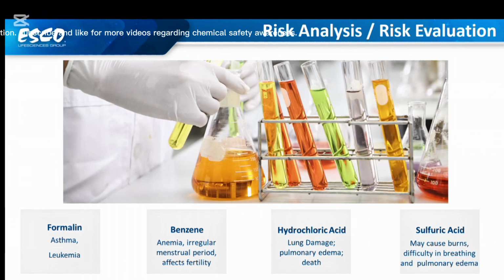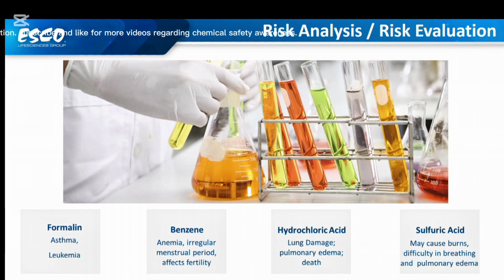So knowing that the chemicals we use are hazardous, what are some examples of the potential risks of using them? For example, we have formalin, which presents a risk of an operator having asthma and or leukemia if exposed to it many times.